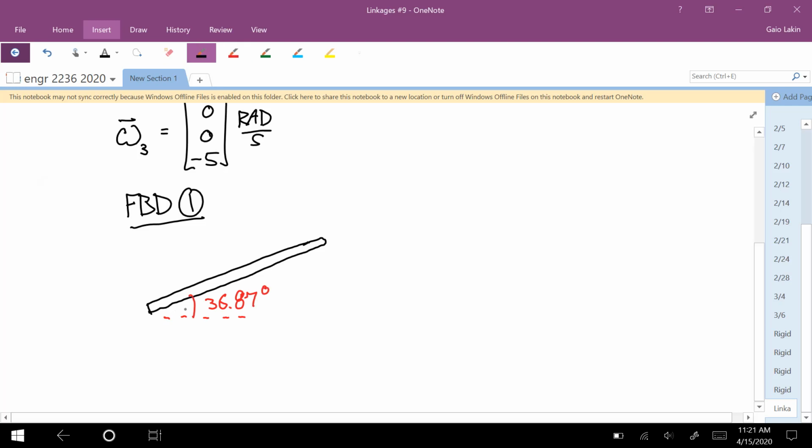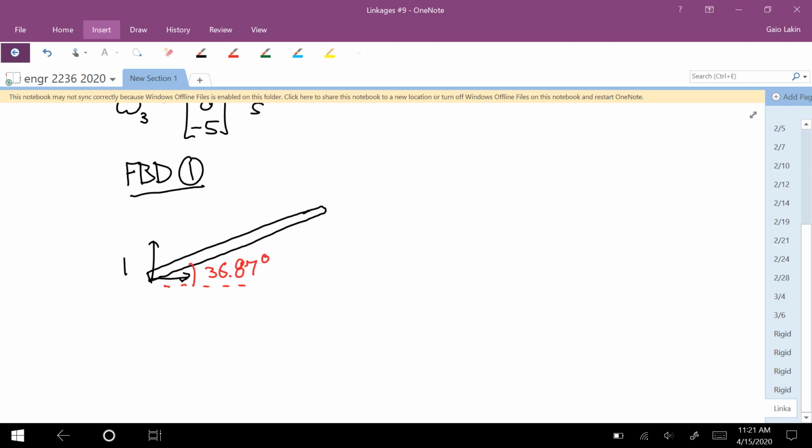And we know there's a force vector here. I'll call that RB. And there's a mass. So there's a weight of 10 kilograms times 9.81, so 98.1. And then there's a force here at the pin. That's the force on member 1 by member 2.